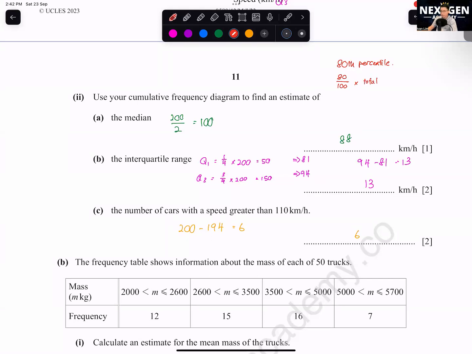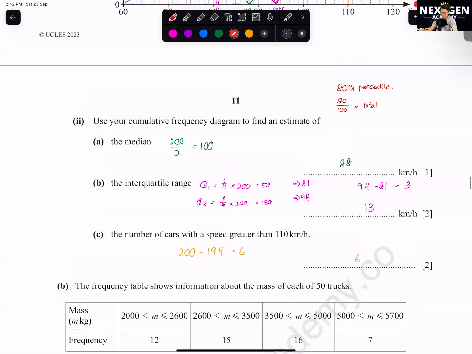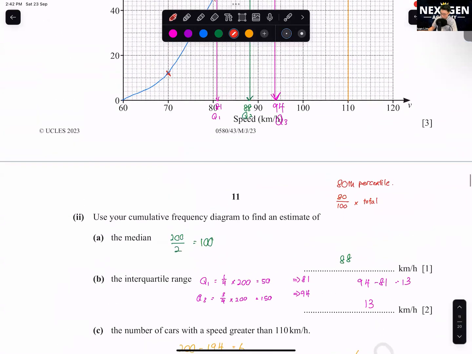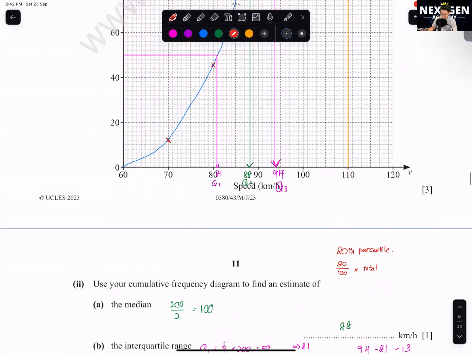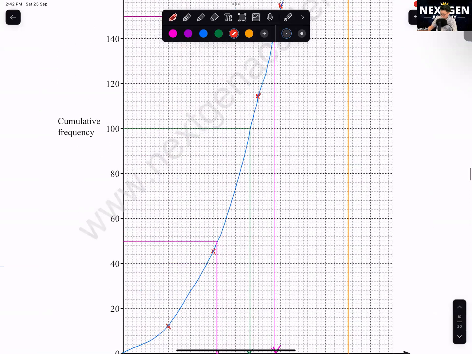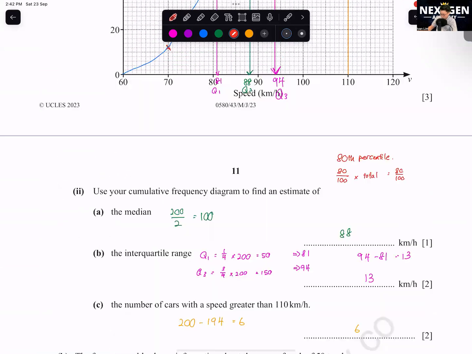Like let's say in this case, I'll just do for this question that's easy for you to see. It's 200, right? So 80 over 100 times 200. Okay. So the value, this is not the answer, but this is the position. Okay, it's like how you calculate median also. You calculate position first, then after that, you only find what's the value.